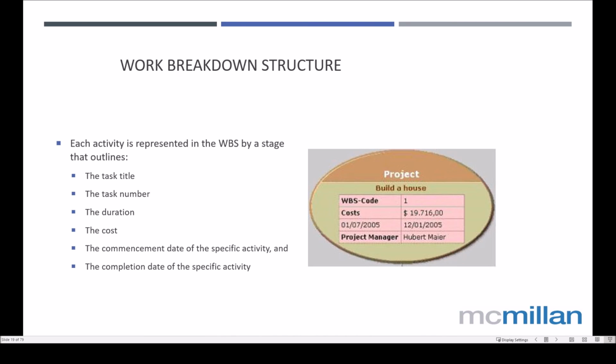You'll have the task title or the deliverable, depending on what level of the plan it's at. You'll have the duration of the event or the activity. You'll have the costs. You'll have in terms of the duration, the specific start date and the end date. And you'll notice from this one here as well, it also has the name of the person who's responsible for this particular project, or this particular deliverable, or this particular activity, or this particular task.